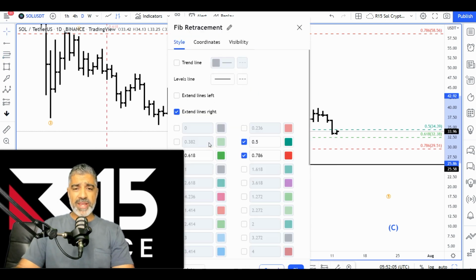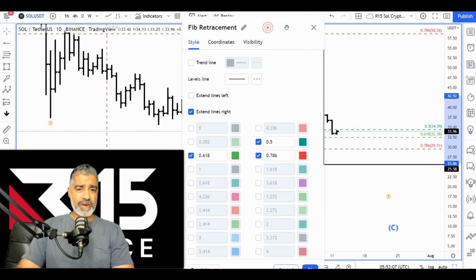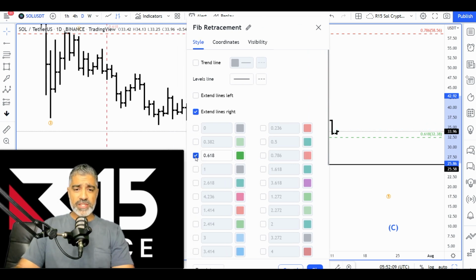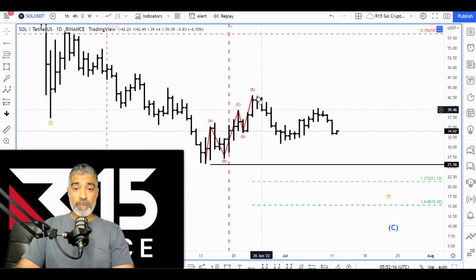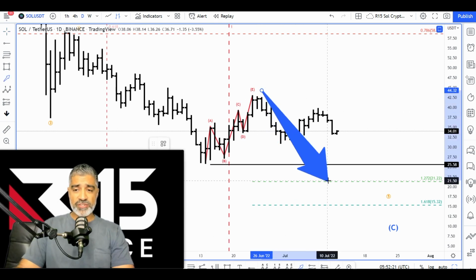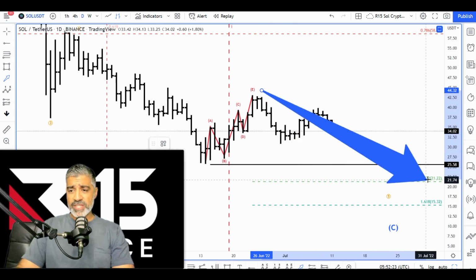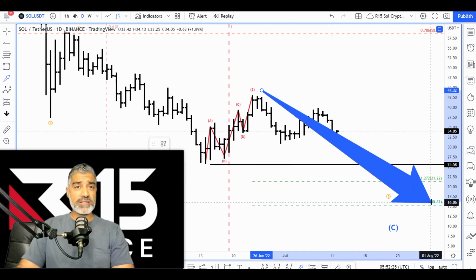After a correction is made, whether it's an ABCDE or an ABC correction, an external retracement is 1.272 and 1.618. This is typically where the market will go more often than not as a continuation into this range. And you can see over here, it's $21 to $15 in Solana.